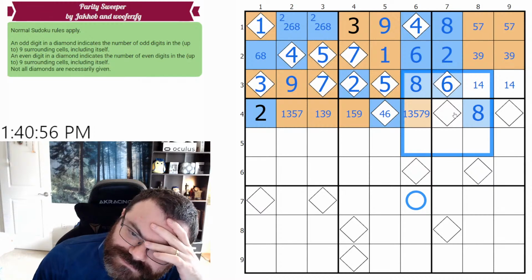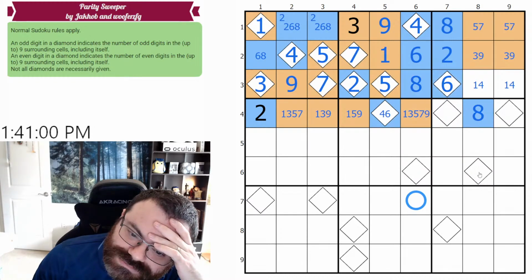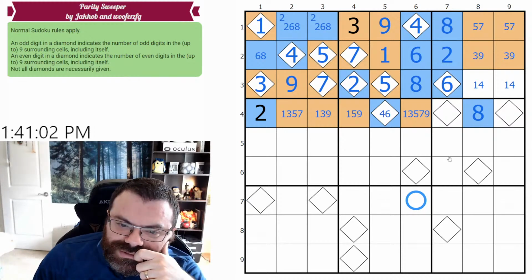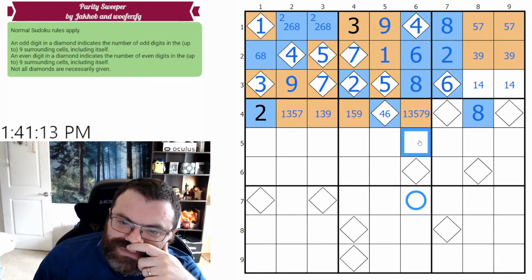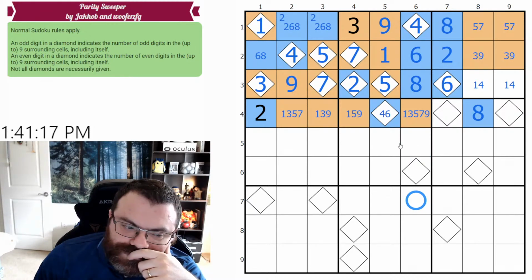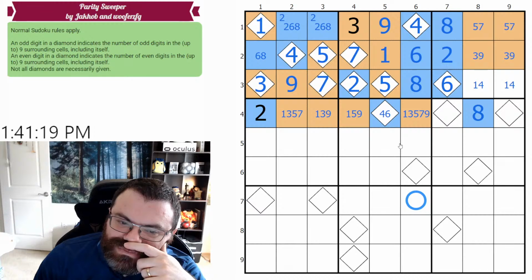If it was even, it would be a 4. I'm not sure. Oh, but this can't be a 6. Can it? Oh, this can be a 6. It can just barely be a 6. It would make this even and a 2.